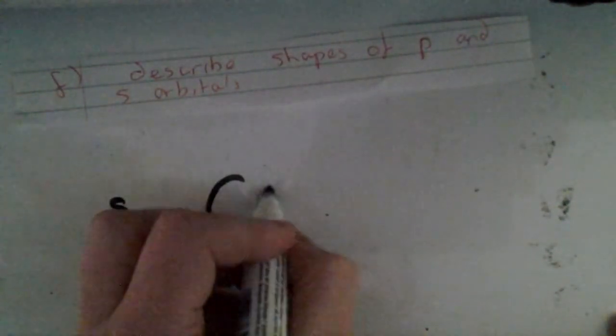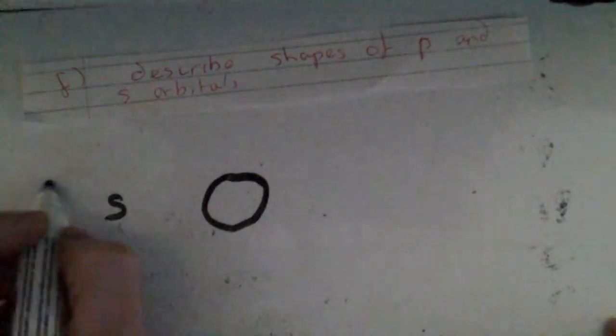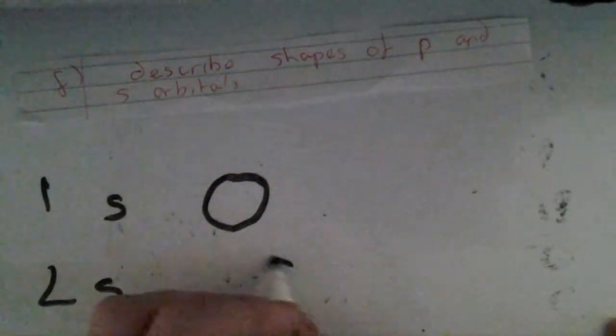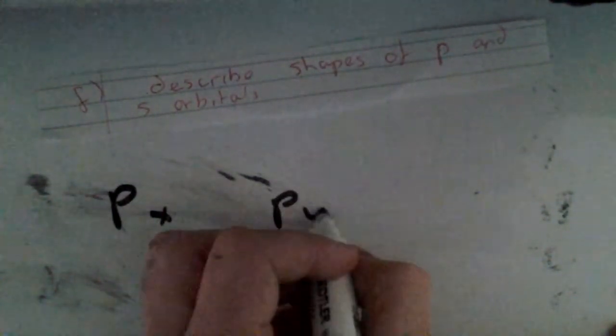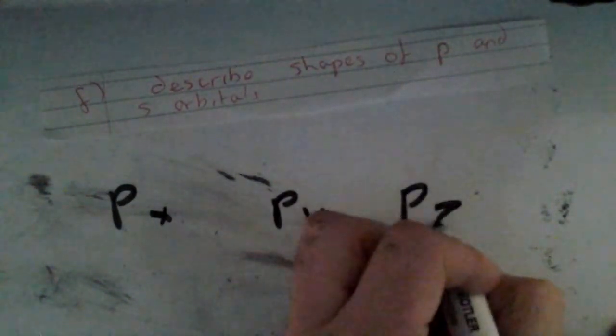Okay, 2 final points to look at. The first one is to look at the shapes of the p and the s orbitals. So an s orbital is a sphere, and obviously the 2s orbital is going to be a bigger sphere than the 1s orbital. And the p orbitals, I have 3 of them, px, py, and pz.